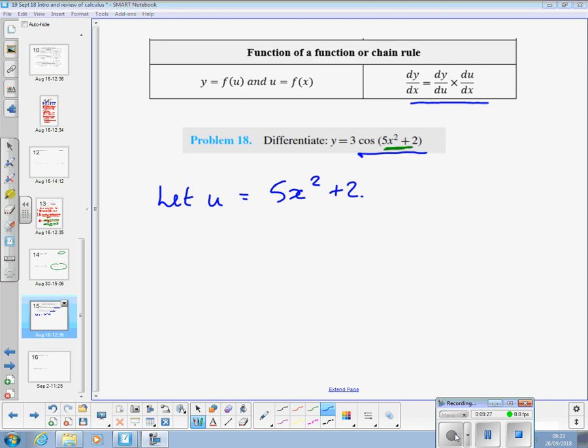What we can then do is say y is equal to 3 times the cosine of u. So we've taken that formula and we've replaced 5x squared plus 2 with u.